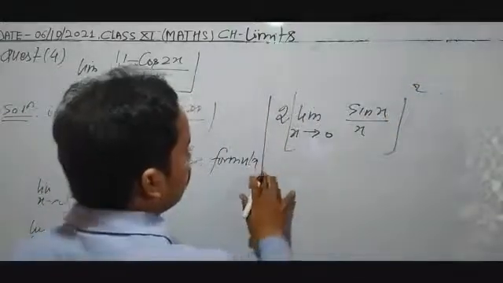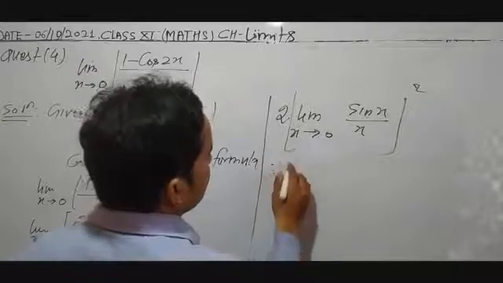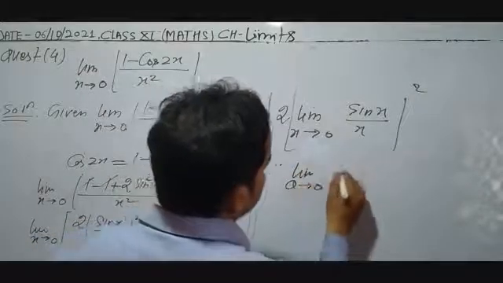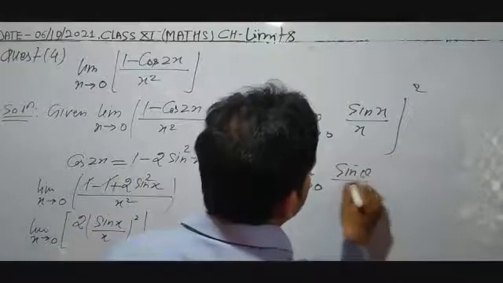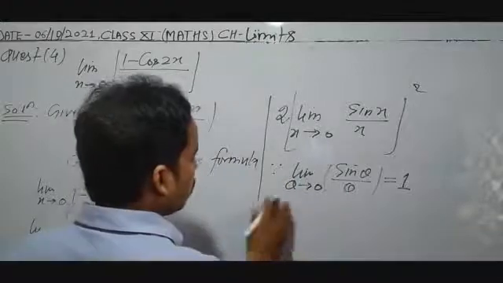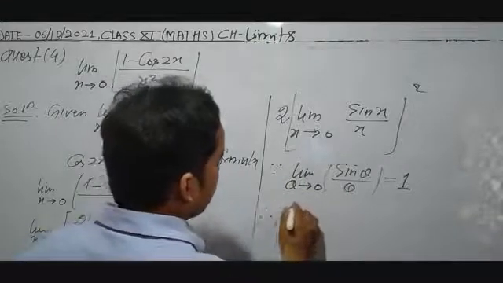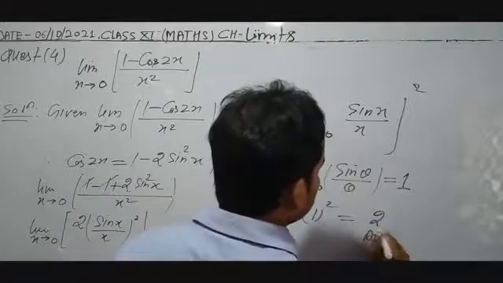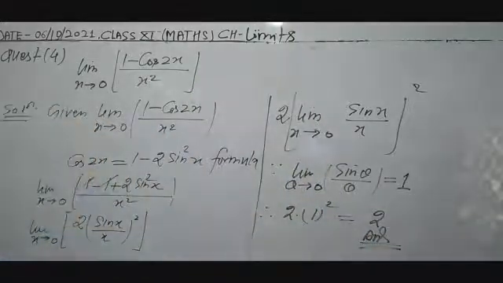And now you know by the Sandwich theorem, since you know the formula, limit theta tends to 0, sin theta upon theta value is 1. Therefore 2 times 1 square, its result will be 2. Now 2 is the answer. Now question number 4 is completed.